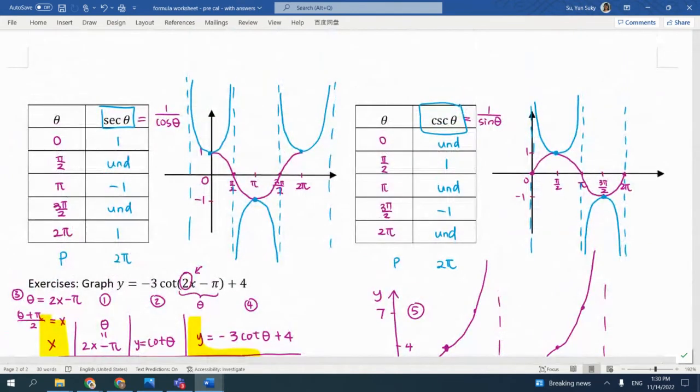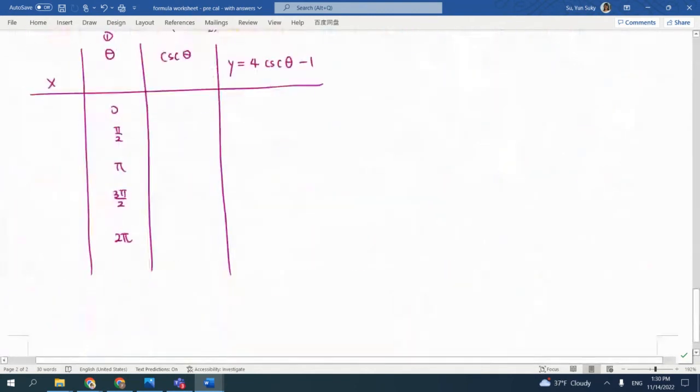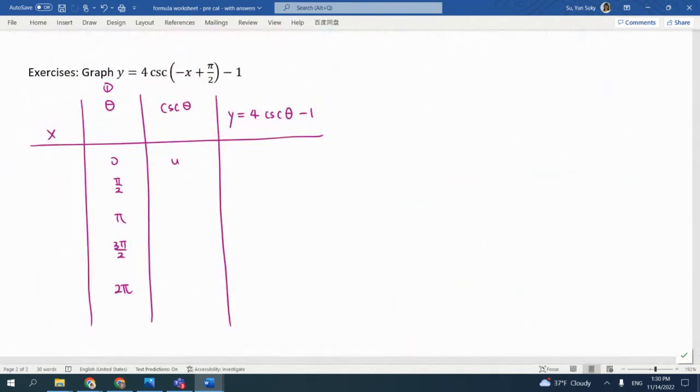See? Undefined, 1, undefined, -1, and undefined. Cosecant, not cosine. Cosecant, CSC. Right. So undefined, 1, undefined, -1, and undefined.